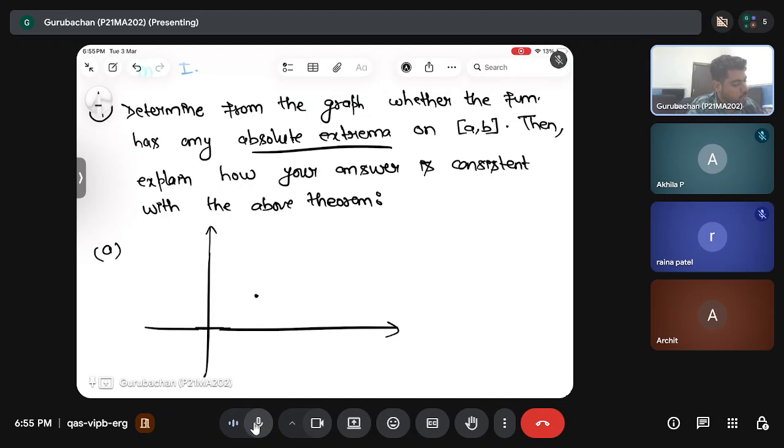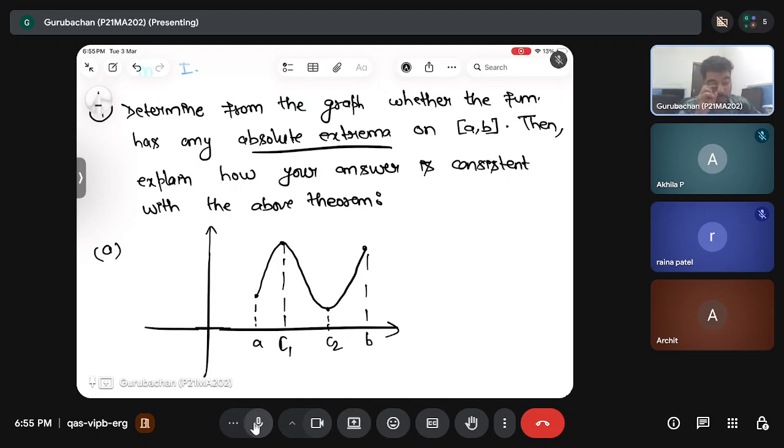This is your function. This is your A. This point is C1, this point is C2, and this point is B.